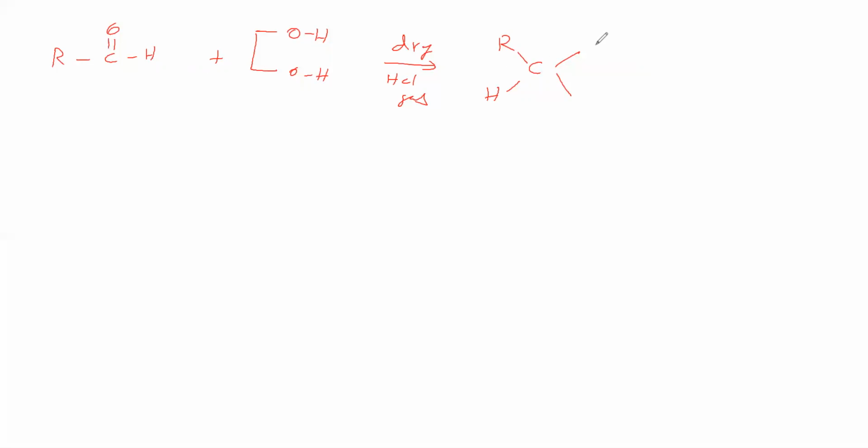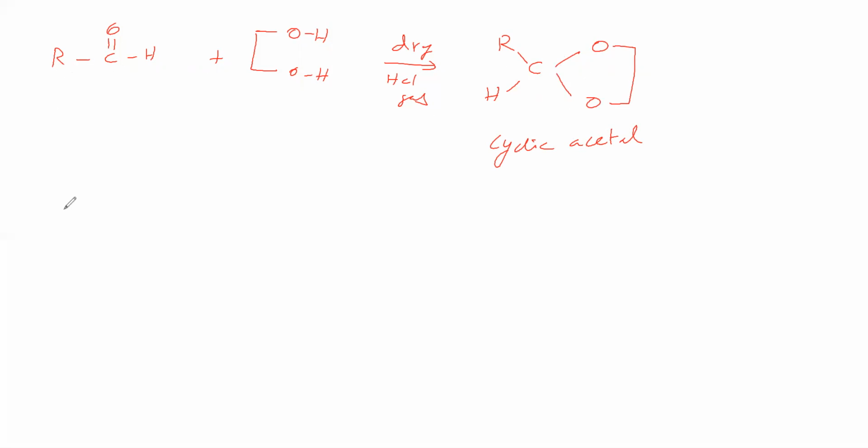This carbon makes bonds with the oxygens like this. This is called a cyclic acetal, because this carbon has two ether groups.